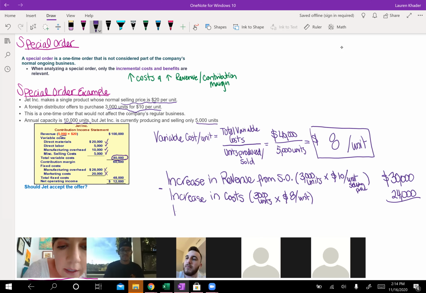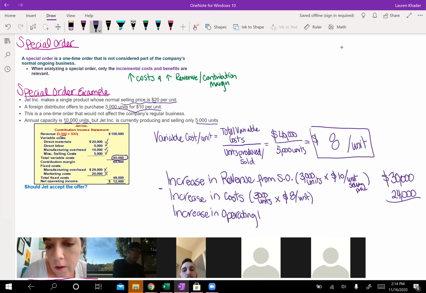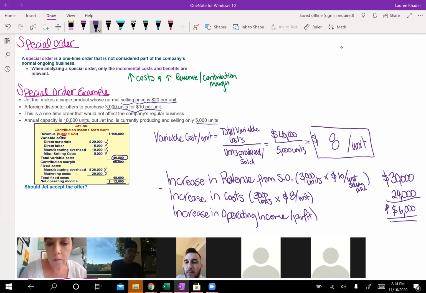So we're going to see an increase in operating income, or a profit, of $6,000. So even though that selling price that he's offering is substantially lower than our normal selling price, it's still able to cover our extra costs that we're incurring and make a profit for the company.